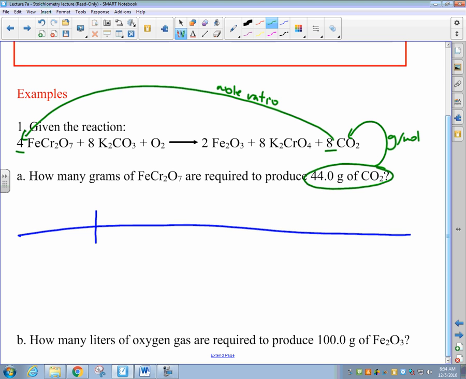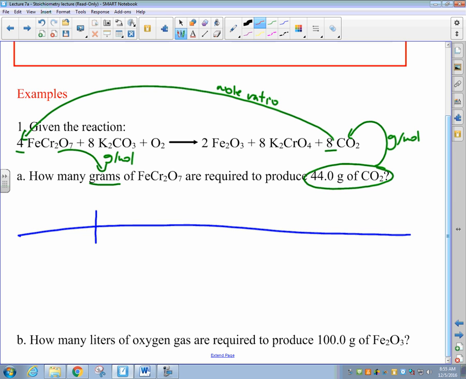Once we then have moles of ferrous dichromate, we're going to convert from moles into grams of ferrous dichromate using, again, a mole map conversion, the number of grams per mole of ferrous dichromate. Okay, so that's kind of our plan of action. Grams to moles, moles to moles, moles to grams. So, with that being said, let's just set up the monorail.